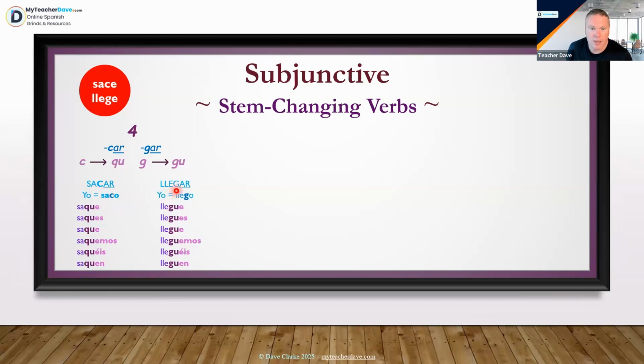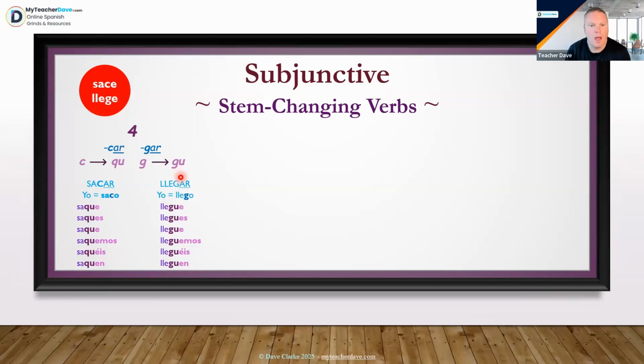Likewise with the G here, the C and the G in Spanish are soft when followed by an E or an I, and the pronunciation is hard, like a k or a g, when followed by an O, an A, or a U. Muy bien. So if we didn't add our GU in here, we would have a pronunciation of this one as yehe, which would be completely different to the original sound, and it would open up a lot of confusion in the language.